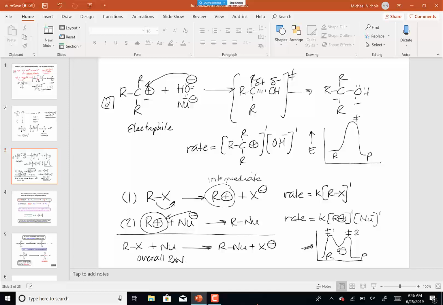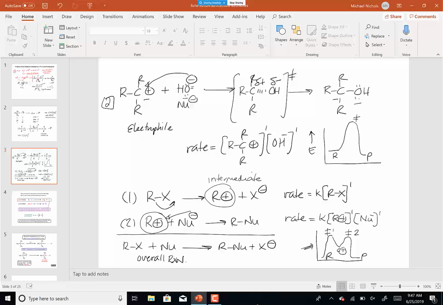So one might take a day and the other one might take a minute. What's the overall rate going to depend on? The slowest one. What do we call that step? The rate limiting step or the rate determining step. So the slow step in the mechanism is called the rate determining step.